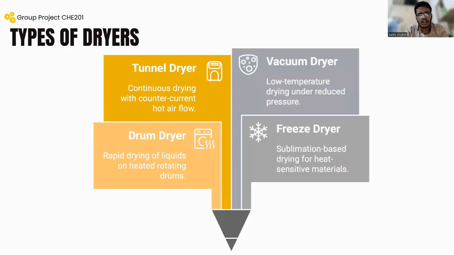The tunnel dryer uses continuous drying with countercurrent airflow to make drying efficient. The vacuum dryer uses low temperature drying under reduced pressure, creating a vacuum system in which drying can be more efficient. The drum dryer has rapid drying of liquids on heated rotating drums. The freeze dryer uses sublimation based drying for heat sensitive materials.